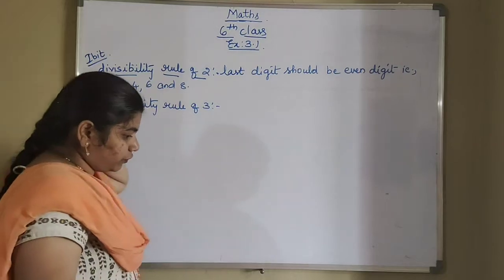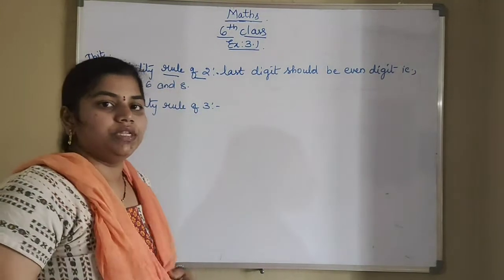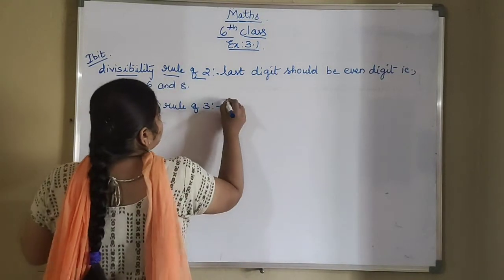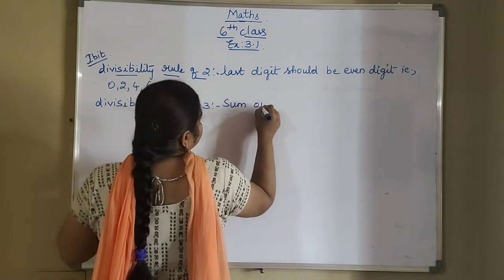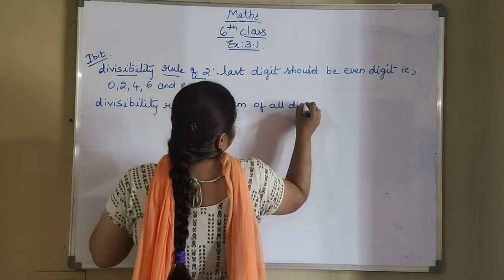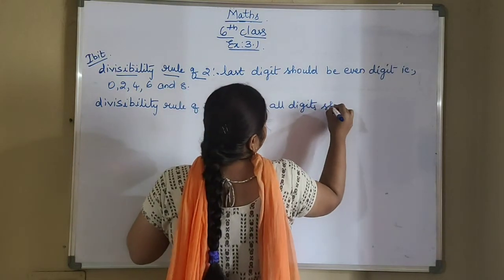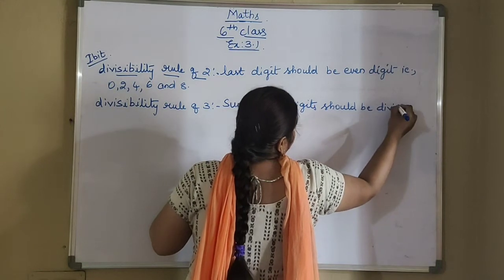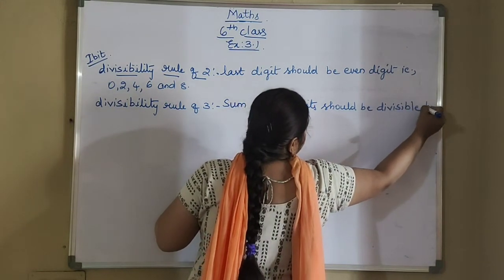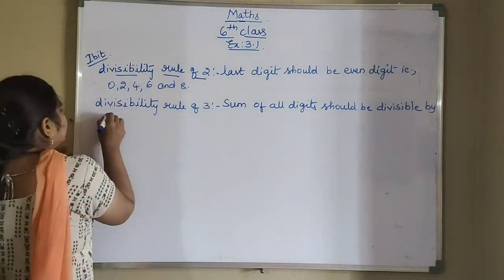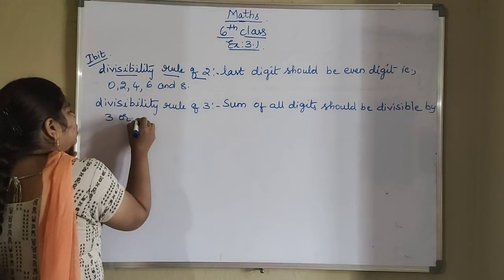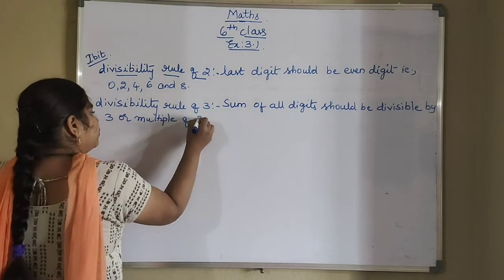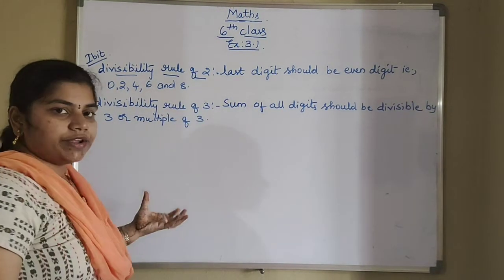What is the divisibility rule of 3? The sum of all digits should be divisible by 3, or it should be a multiple of 3. So we have to add all the digits.